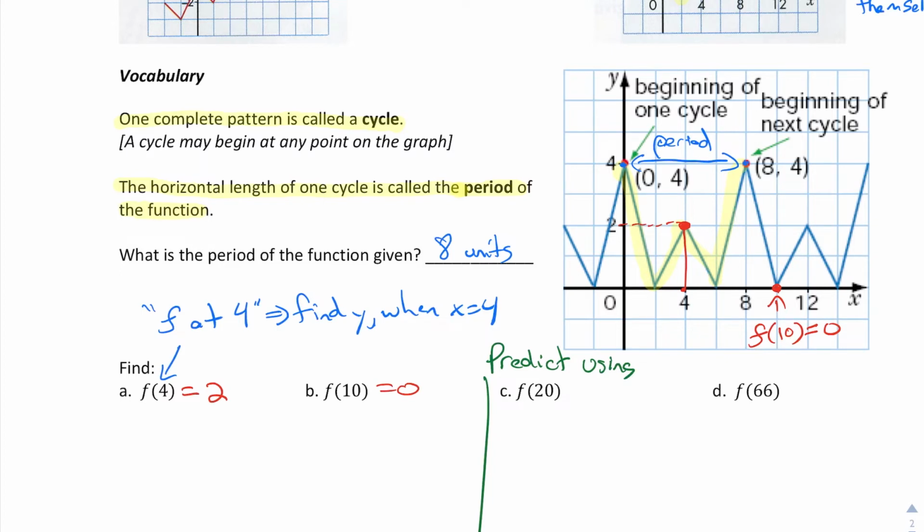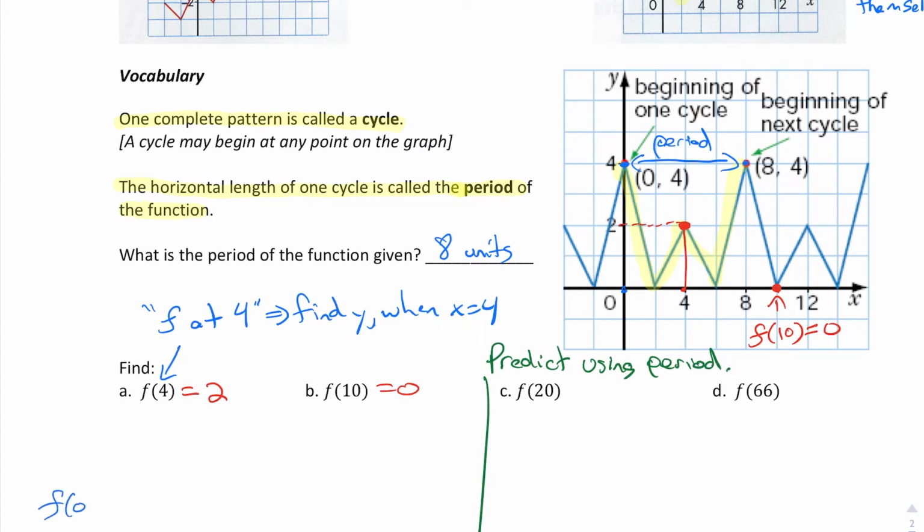Because it's a repeating cycle, we can predict using the period. Knowing that the period length is 8 units, if you think first about f at 0, I get a y value of 4.